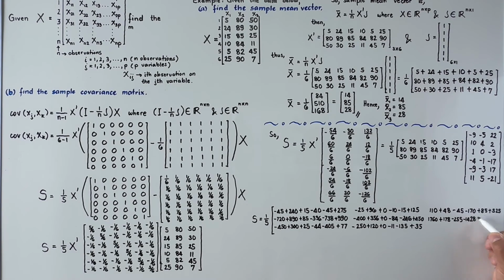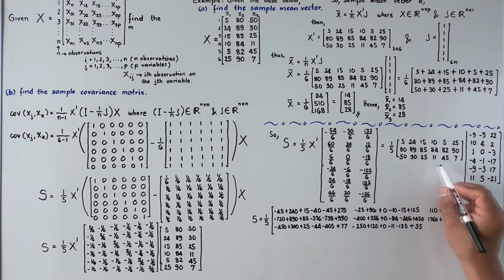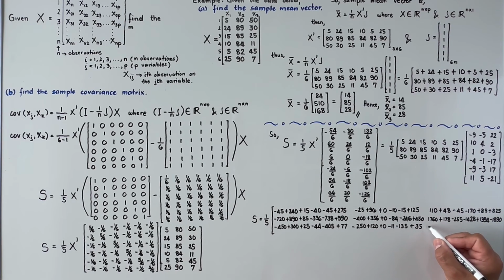And then 82 times 17, we have 1,394. And then 90 times negative 21, we have negative 1,890 here.